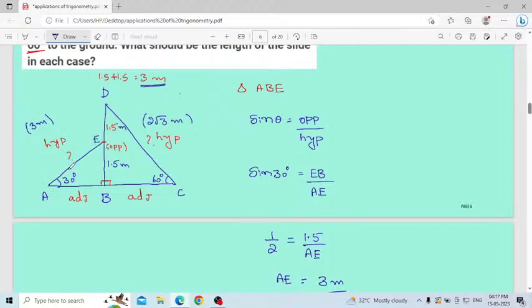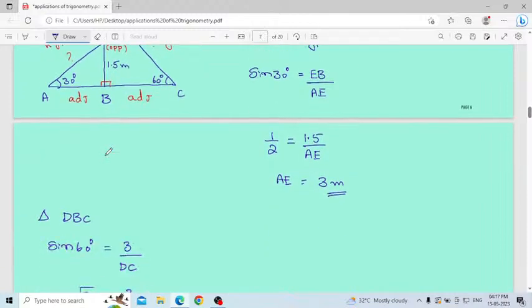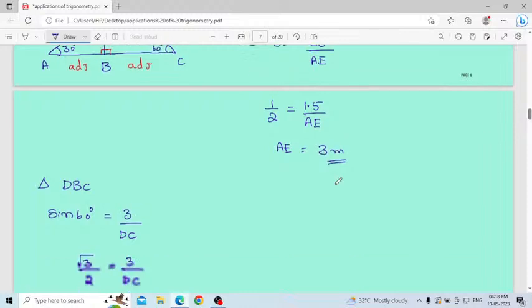In this case, consider sine theta, it will be opposite divided by hypotenuse. Here they are given the angle. Sine 30, the opposite here is AEB, its value is given 1.5. Then the hypotenuse you have to calculate, write it as AE. You know the value of sine 30 degree is 1 by 2, it will be equal to AE, which will be equal to 3 meter.